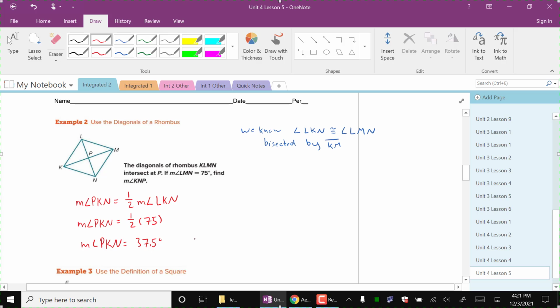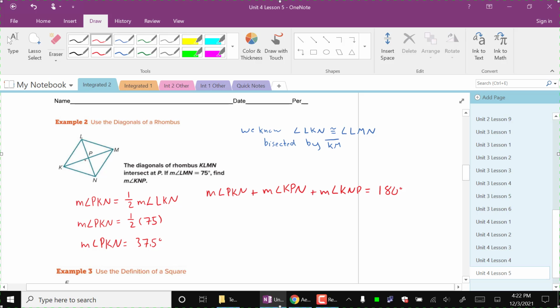Now we're going to take all the information we have and find that missing angle. So the measure of angle PKN plus the measure of angle KPN plus the measure of angle KNP equals 180 degrees. So sub in the values that we know.